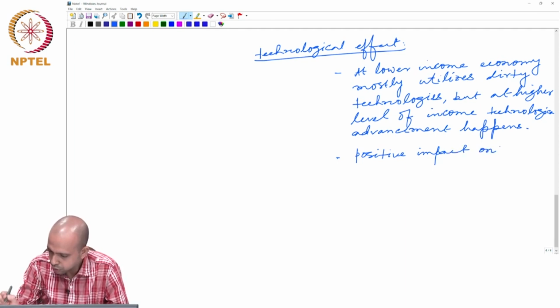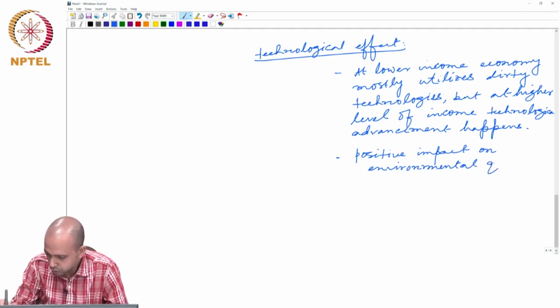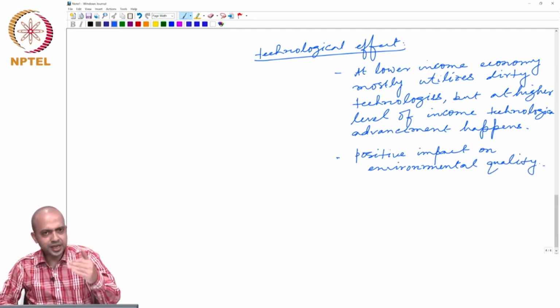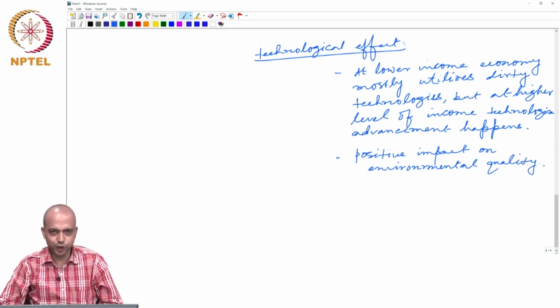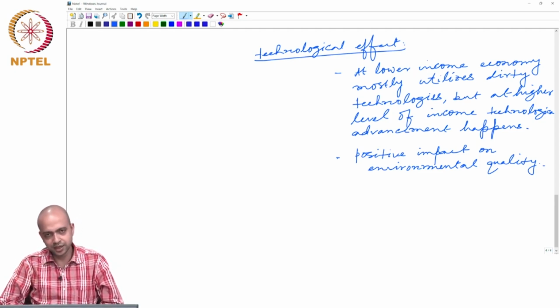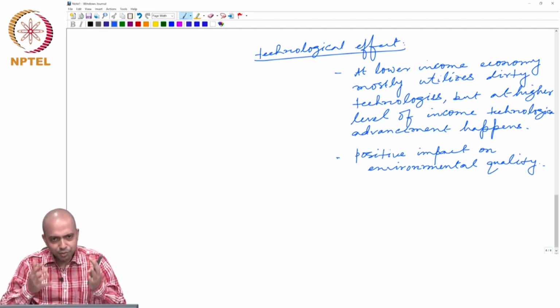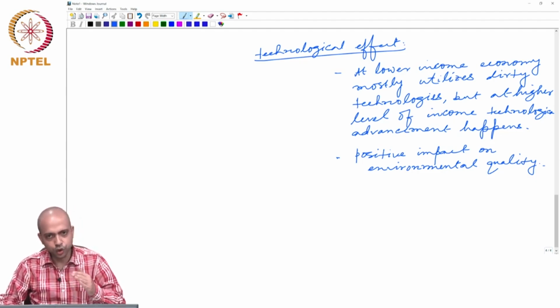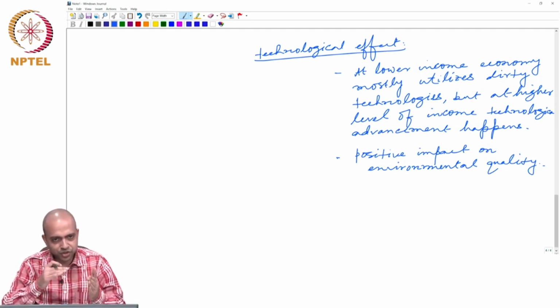So, while the scale effect gives a negative impact on the environment, composition and technological effect give positive impact on the environmental quality. Ultimately the net impact depends on the relative strengths of these three impacts.